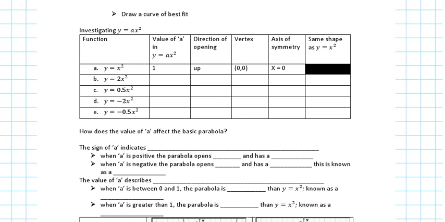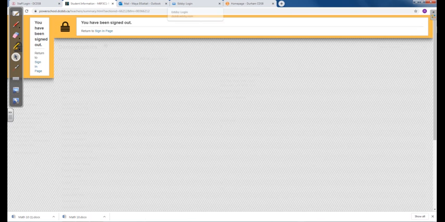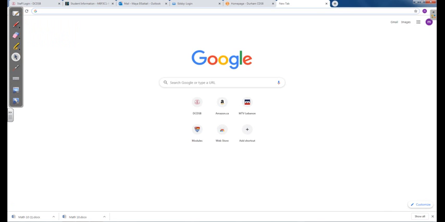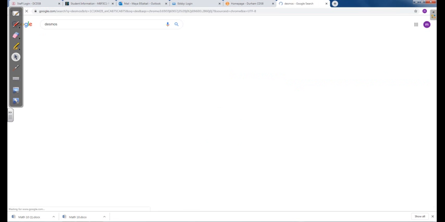So what I'm going to do is open Desmos, and we're going to graph this, and then we're going to compare, and then we will fill this out too. So at first, it should always be compared to the y equals x squared.